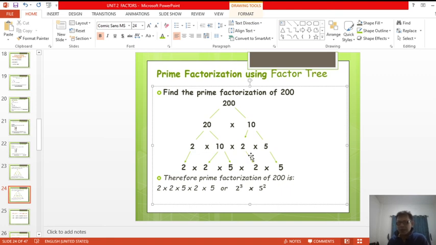So, 2 times, okay, 2 is here. And just copy it. 5 is here. You just copy, okay? So, your answer will be 2, there you are, times 2, there you are, times 5, there you are, times 2, there you are, times 5.